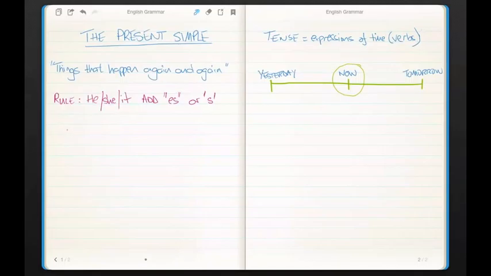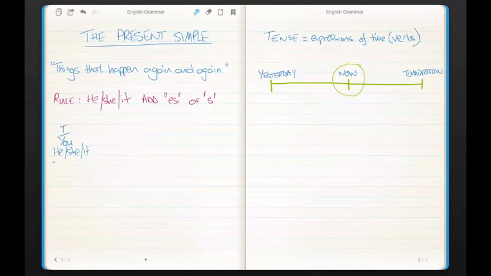So I'm just going to write down the subject pronouns here, and these are the same whenever you conjugate a verb. The first one is I, the second one is you, and the third one is he or she or it.